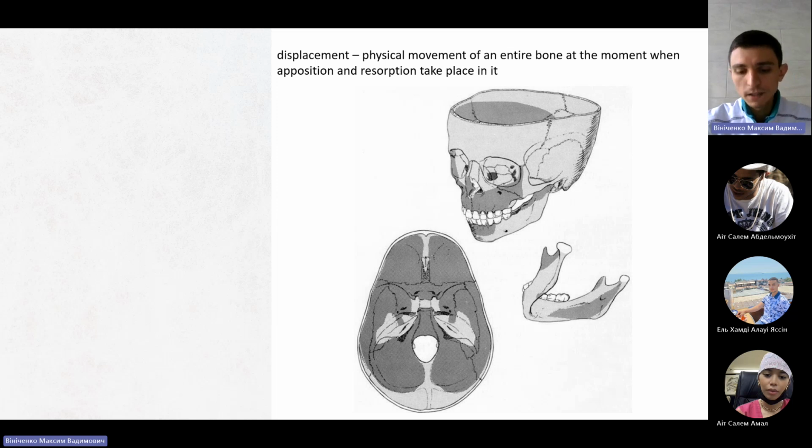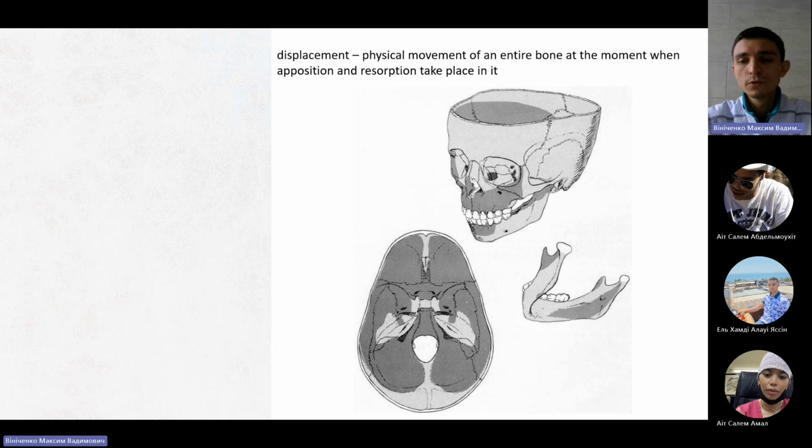So if we have a patient at the age of, for example, 11, so it is a growing patient, if we push a force on the negative space, we will make a bigger resorption of the bone. And on the other hand, if we make a pressure on the positive space, there will be the processes of apposition.